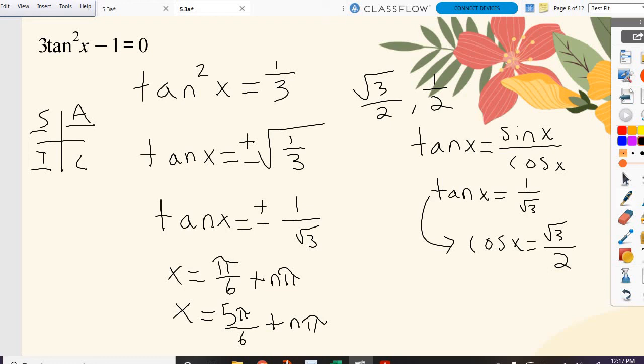Okay. So that's why it depends on if your square root of 3 is in the top or the bottom on which one you're looking at. If it's in the bottom, cosine is square root of 3 over 2, which means that I'm looking at 30 degrees. If it's in the top, that means that sine is square root of 3 over 2, which happens at 60 degrees. So you would still reflect the reverse in axis.